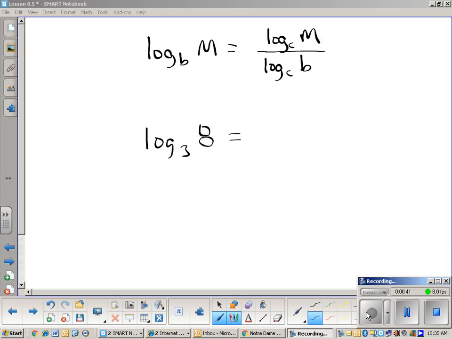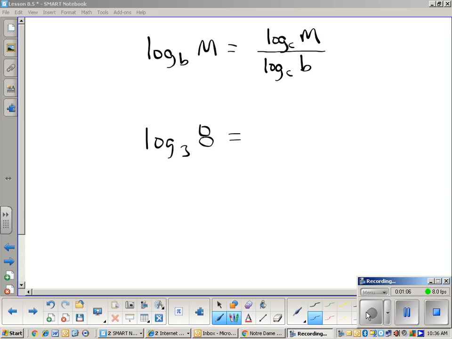Typically, the point of doing this was because the old calculators wouldn't do logs of different bases other than 10, so you would rewrite this as log base 10, a common log, and then you could calculate this on your calculator using this technique.